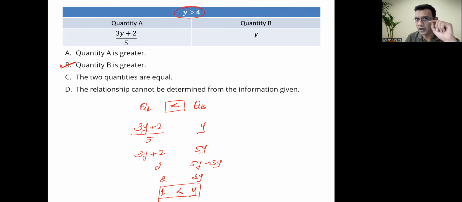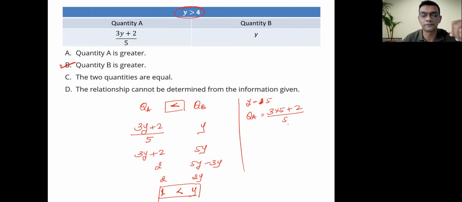Now here, if I had to start placing y values as an assumption, for example, let's say y value is 1, but it can't be 1 because y is greater than 4. So let's say y value is 5. Then quantity A would have been 3 into 5 plus 2 divided by 5, right?